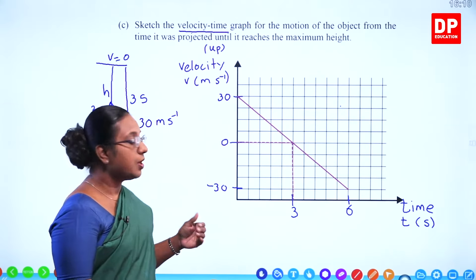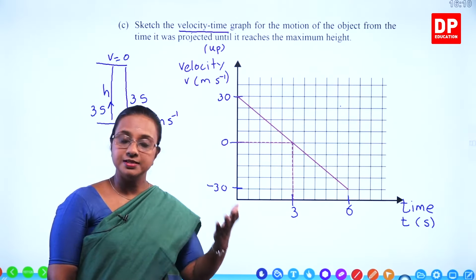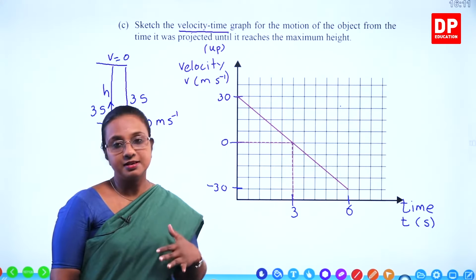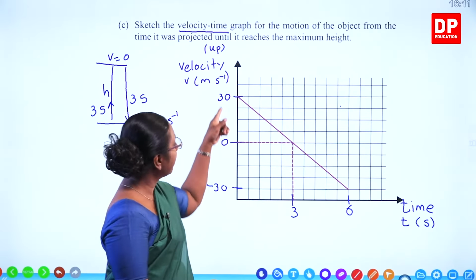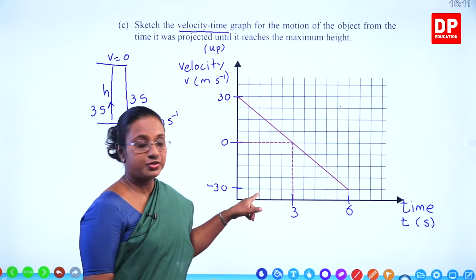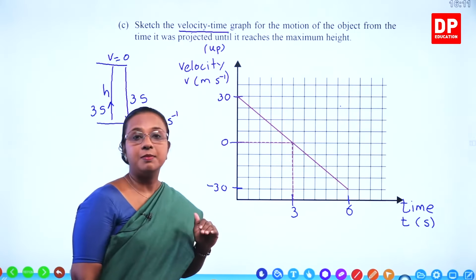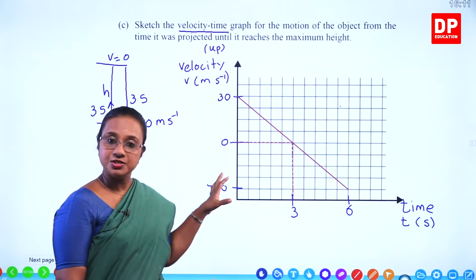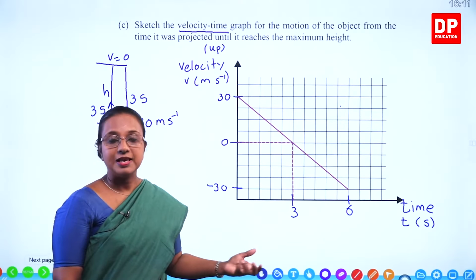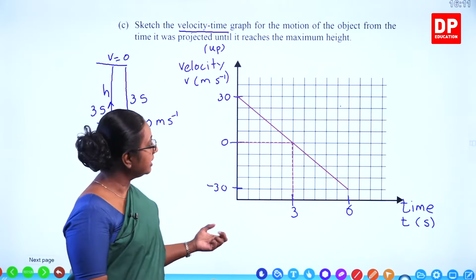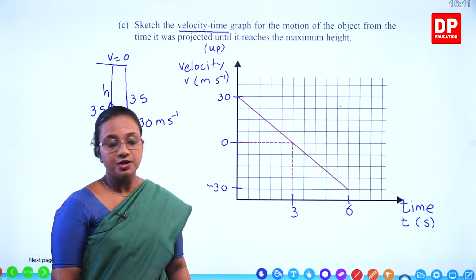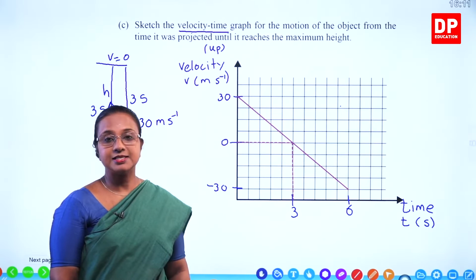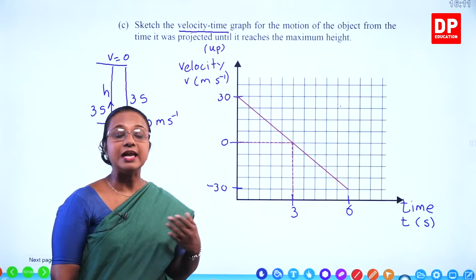So remember students, when an object moves in the opposite direction, as it decelerates in one direction and accelerates in the opposite direction, you will have to draw a graph using the positive and negative parts of the y-axis. So students, I hope you understood the way of calculating displacement, velocity, acceleration and getting information from the graph. This is the last question in your textbook miscellaneous exercise. Now we will do some more extra questions.